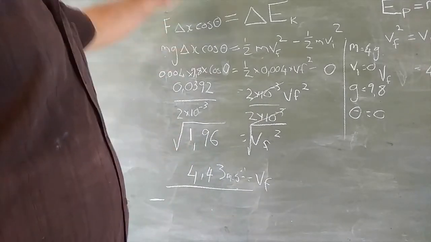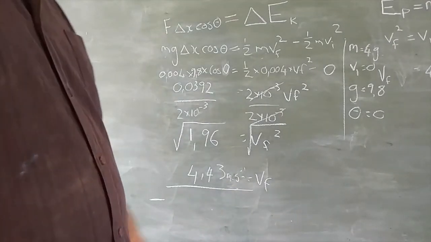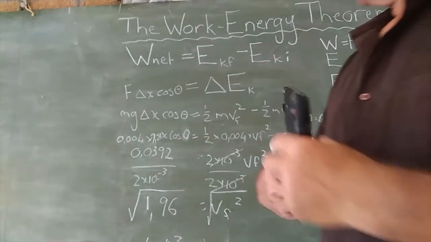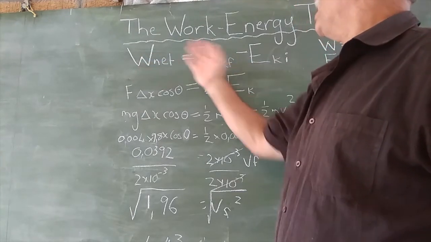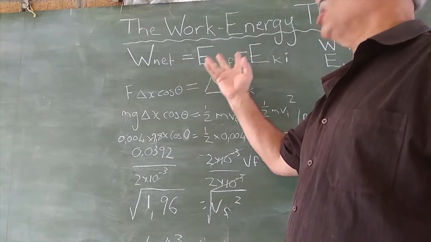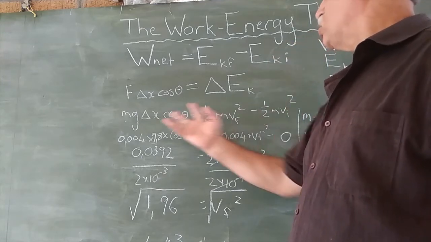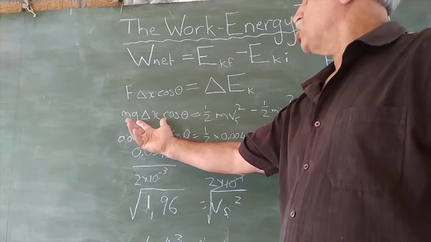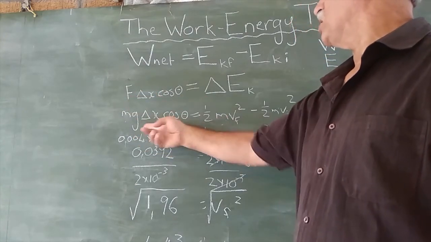So that is an example of how we could use our work-energy theorem. What did we do, just to summarize it again? If you do work on a coin, it equals a change of kinetic energy. How do we work out the change of kinetic energy? Change of anything is final kinetic energy minus initial. Now, what is the work that is done? It's the work done by gravity on a certain mass in a certain direction, and that's what this formula gives us.